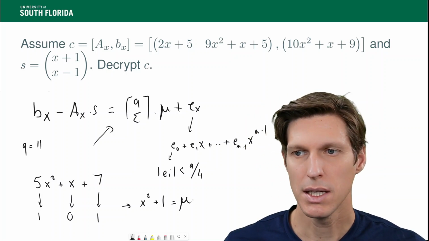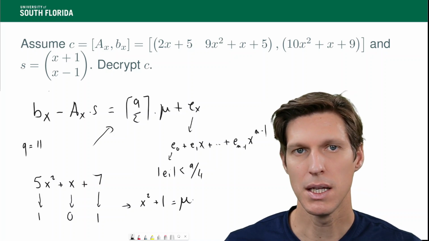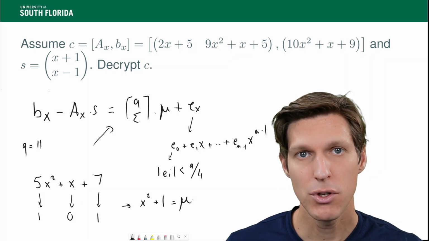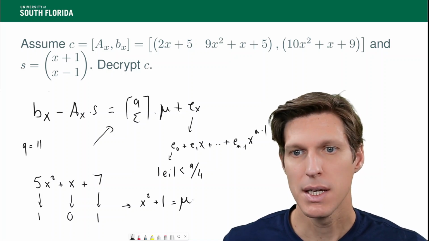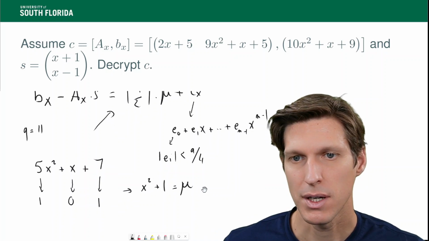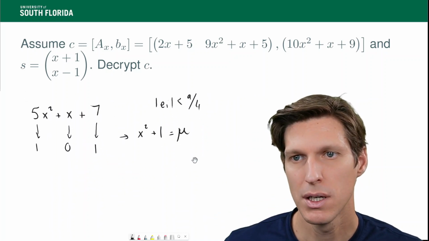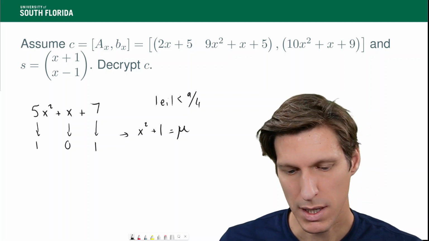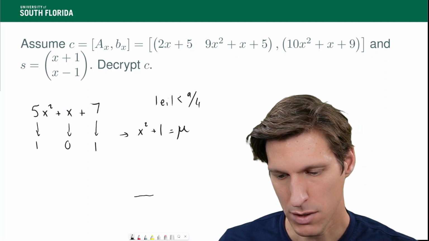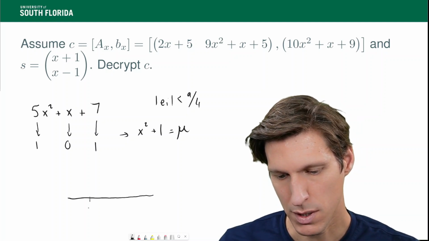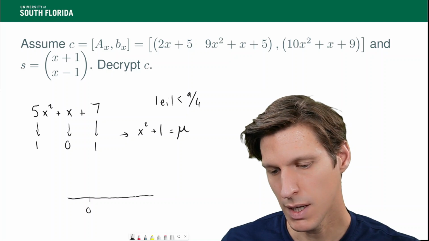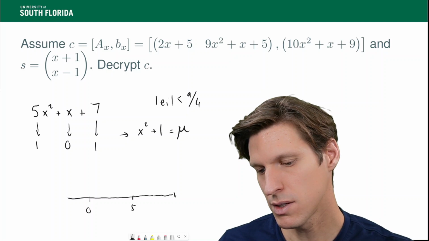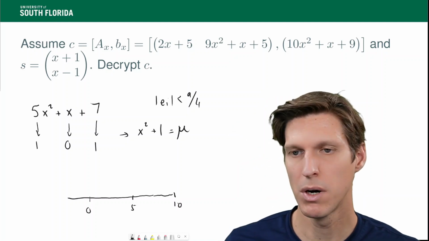There is, again, something that I said in the video on how to decrypt an LWE ciphertext that you need to be careful about, which is if you have a negative. If you mod everything by 11, a given coefficient will be between 0 and 10, working mod 11.